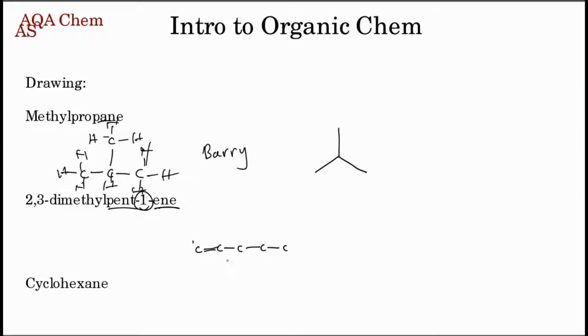So now that's pent 1-ene. But now you have 2,3 dimethyl. So if we count the carbons, at 2 there's a methyl group, and at 3 there's a methyl group. And then fill in the hydrogens like usual. I'm getting worse and worse at this, but that's good enough, you get the idea.